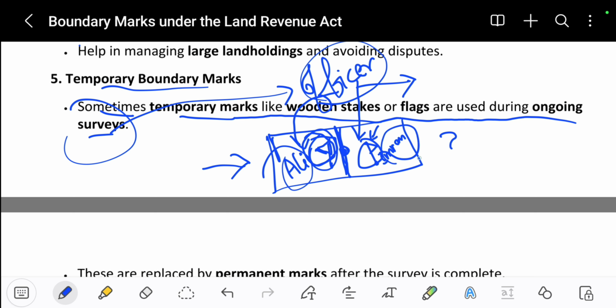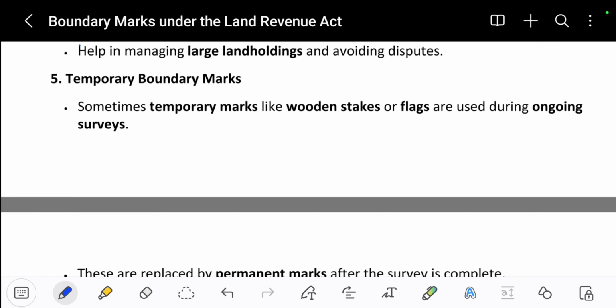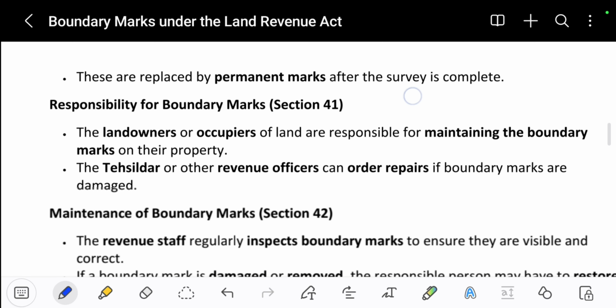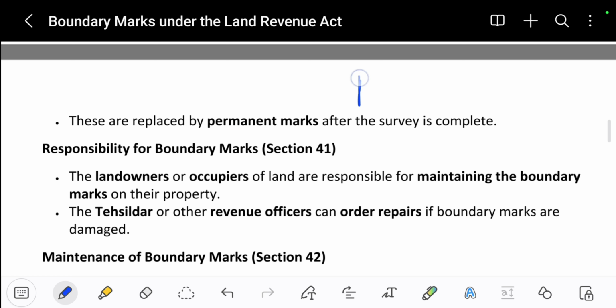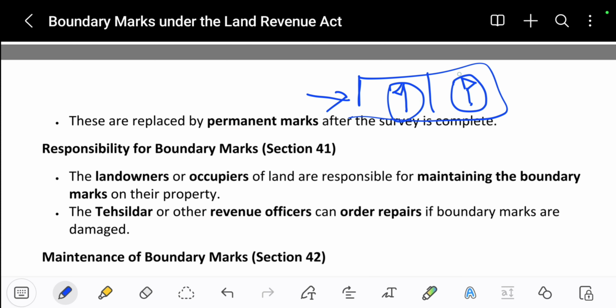This will help him identify the lands. So it is a very temporary solution, which is why it's done only with the help of surveys. These are replaced by permanent marks after the survey is complete. So obviously when the officer came to visit the land and figured out that this land belongs to Imran and this land belongs to Ali, he placed these flags.